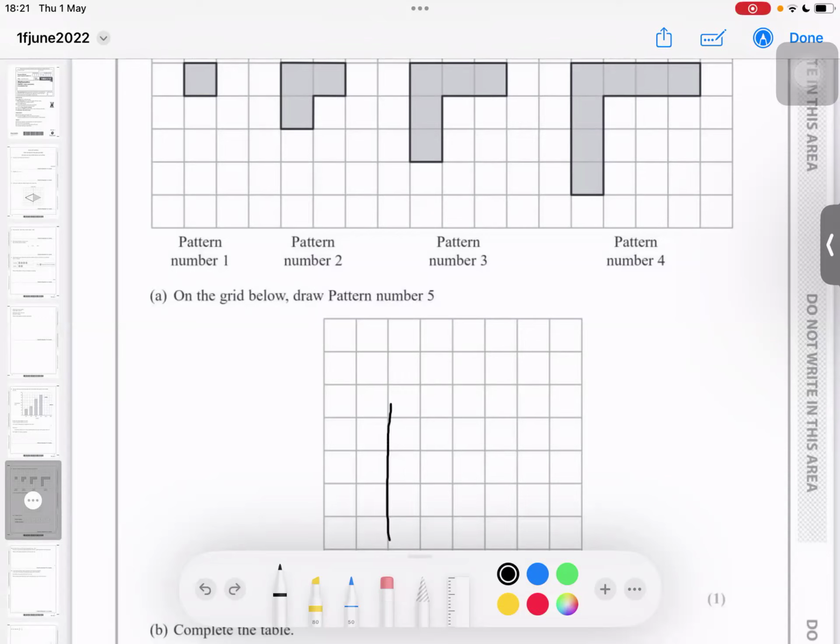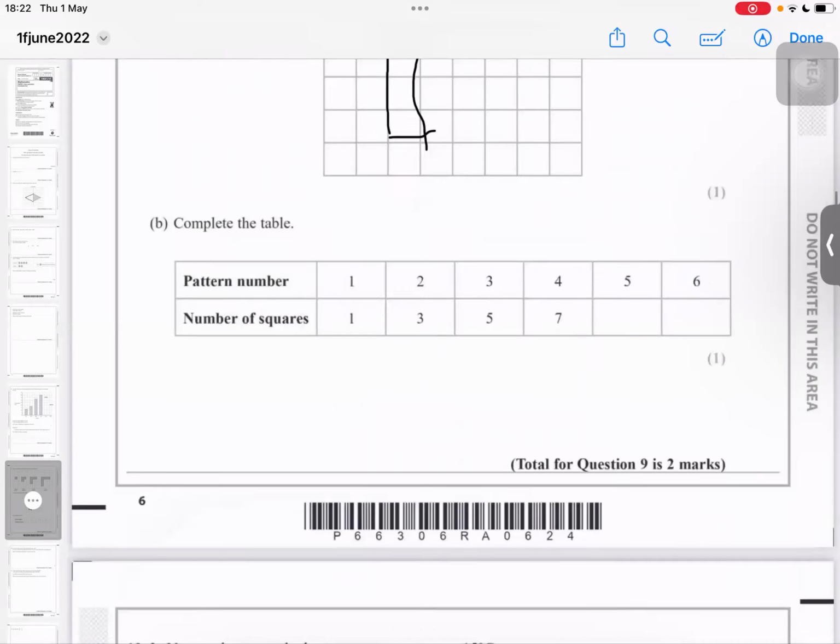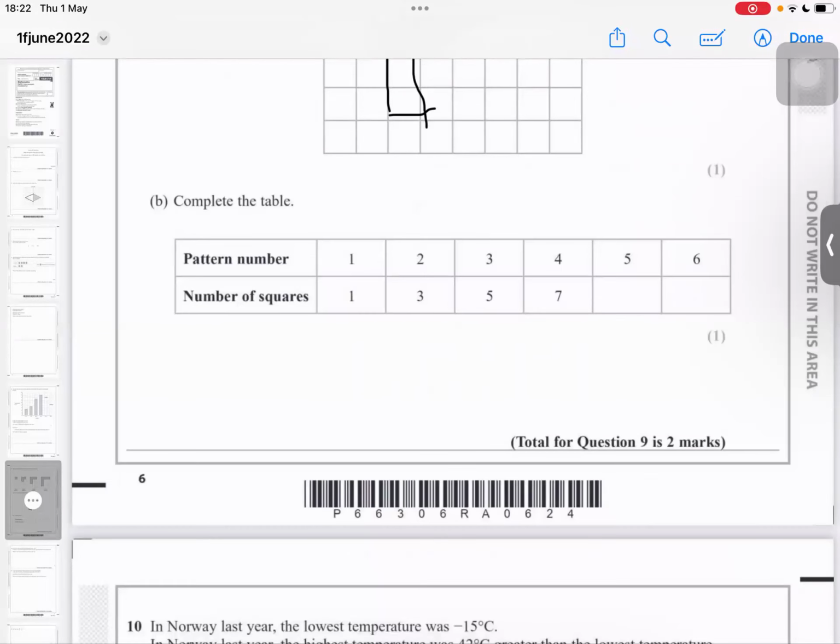Yes, exactly. 1, 2, 3, 4, 5. Good. That's vertically. Let's see horizontally. So you do another 5 from the place where you stopped. 1, 2, 3, 4, 5. Okay, perfect. Nice.